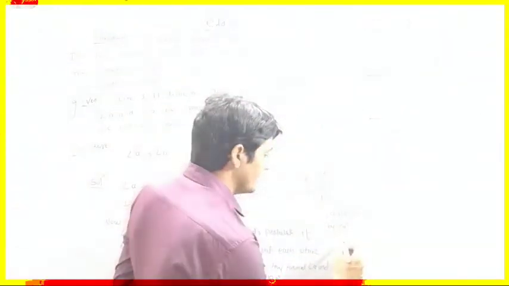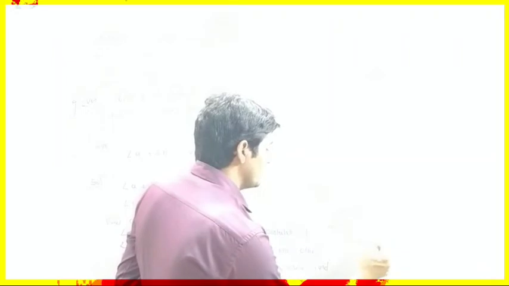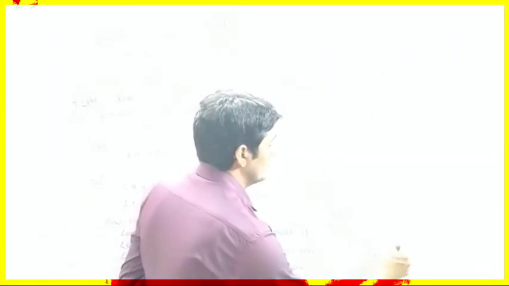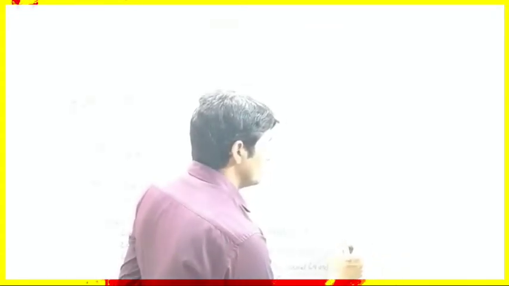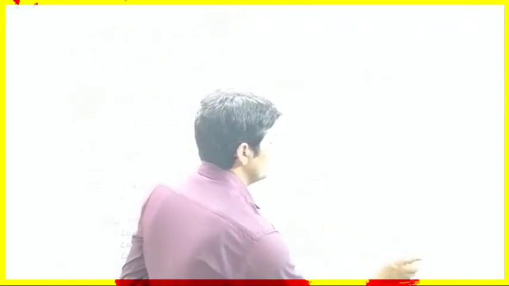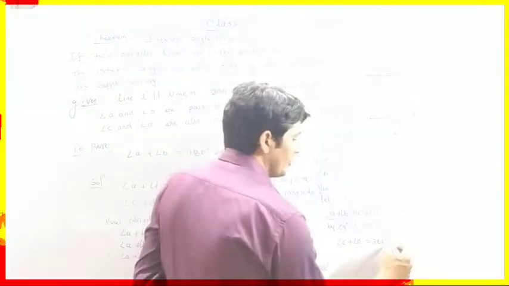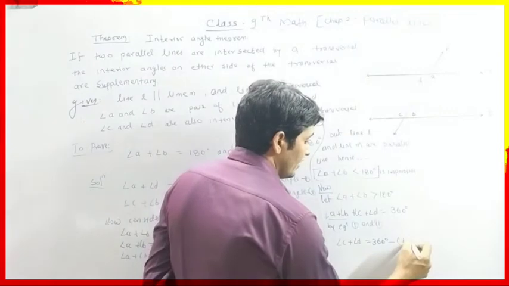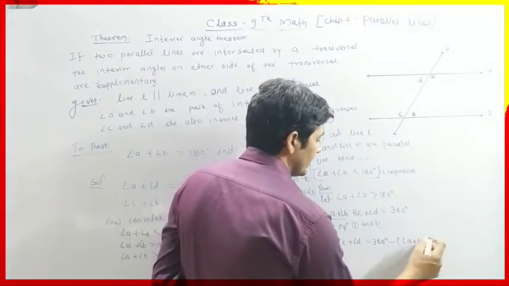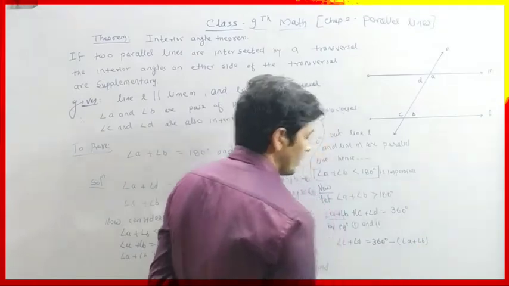Okay, so we can write that angle A plus angle B equals 360 degrees minus angle C plus angle D, or angle C plus angle D equals 360 degrees minus angle A plus angle B. See, we are transferring these two angles, angle A and angle B, to the other side.